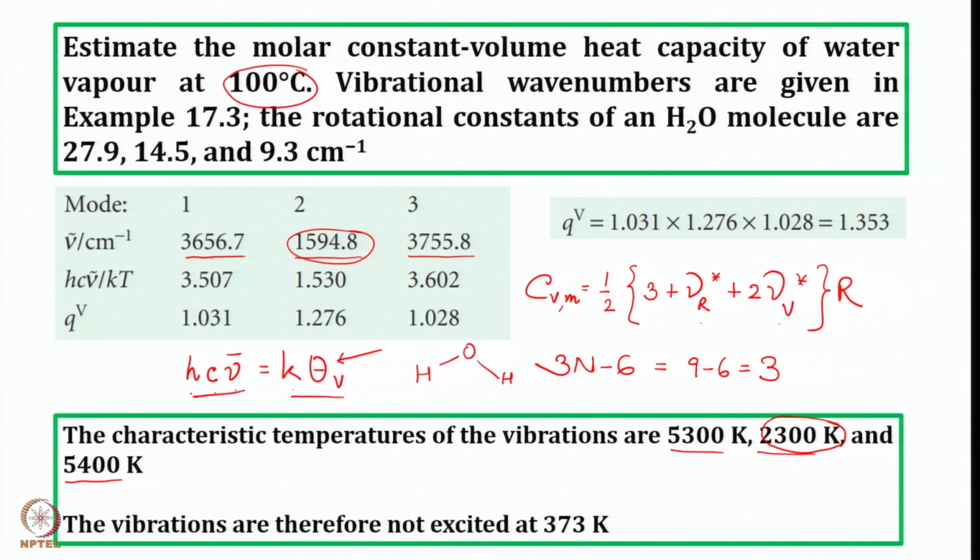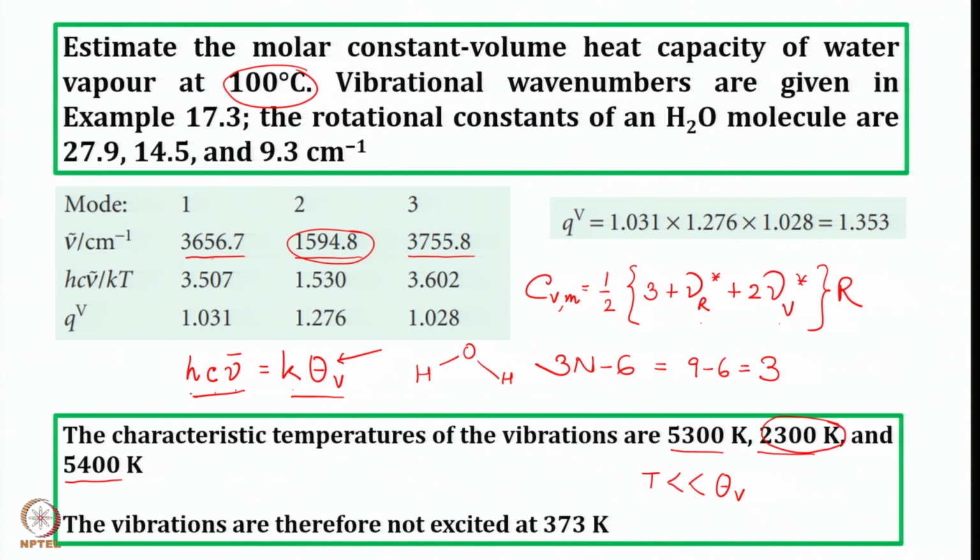So, I can write that the temperature which is 373 Kelvin is much less than the vibrational temperature, even for the normal mode which is the lowest in wave number. So, automatically the wave numbers which are higher are ruled out.